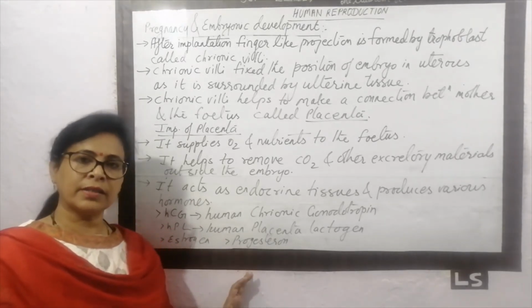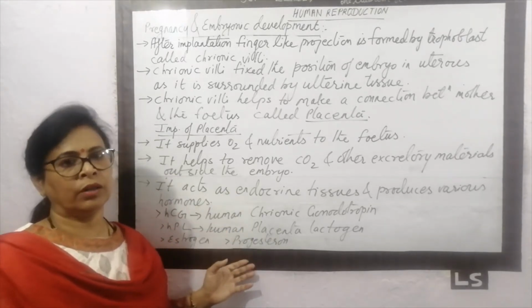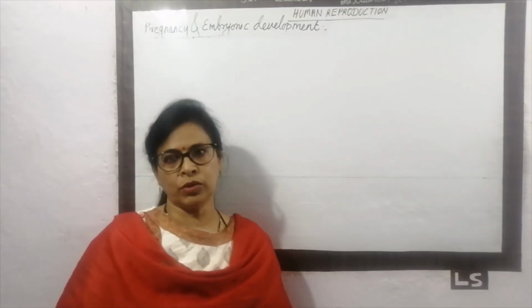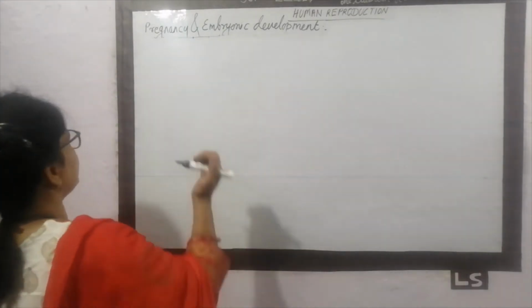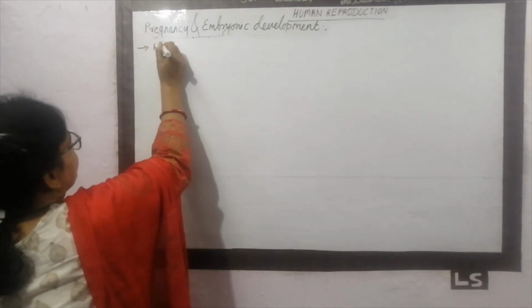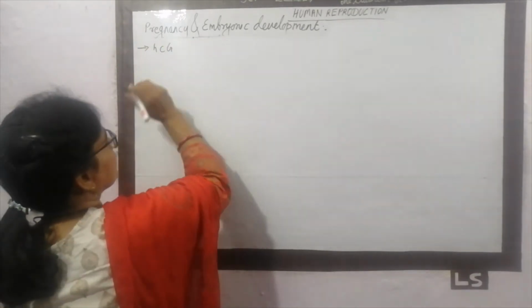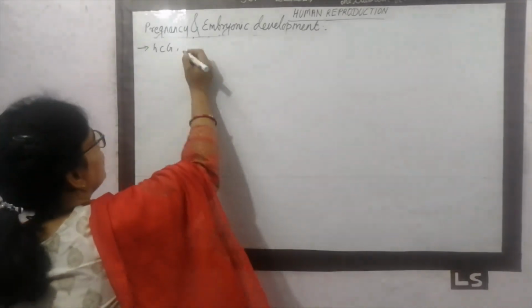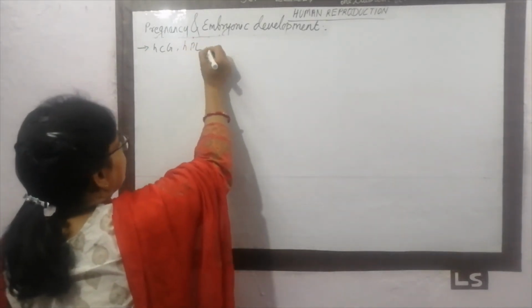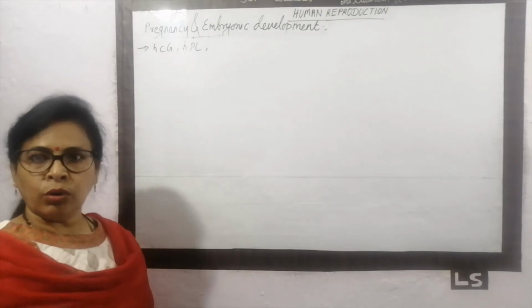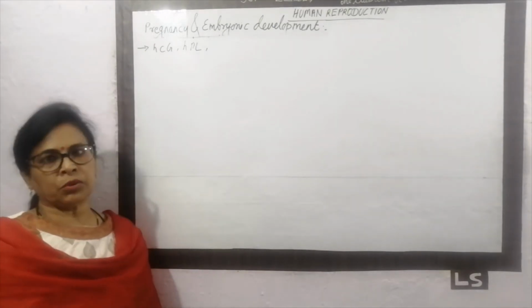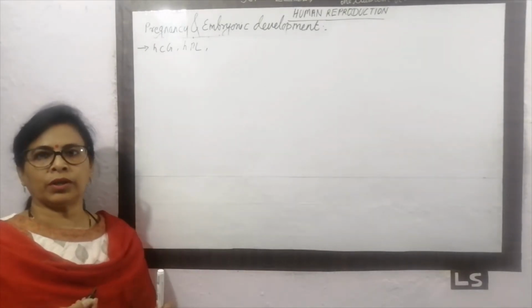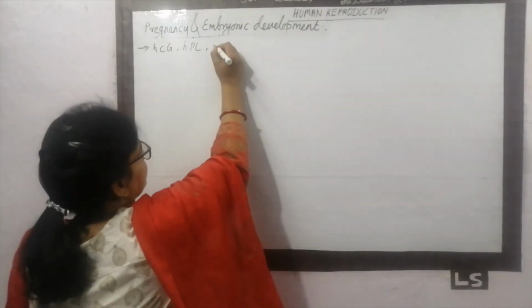All these hormones, that is HCG, human chorionic gonadotropin, HPL, human placenta lactogen, some more hormones, that is estrogen, progesterone, but one more important is the relaxin.